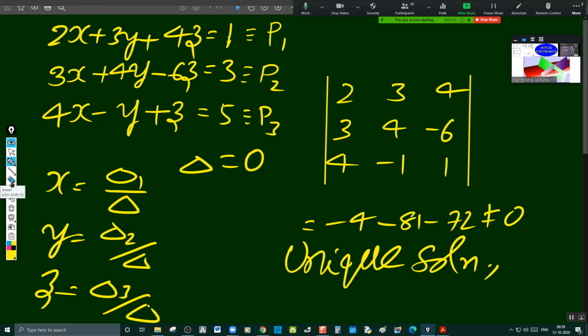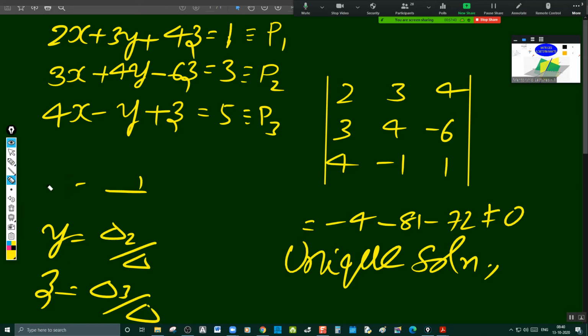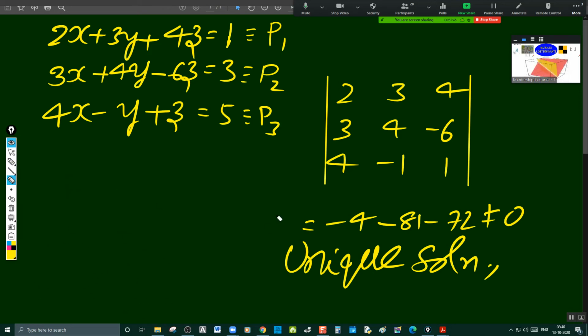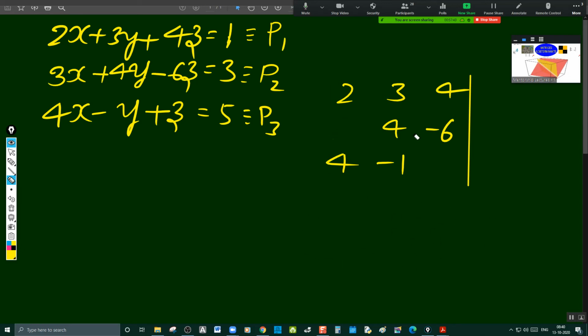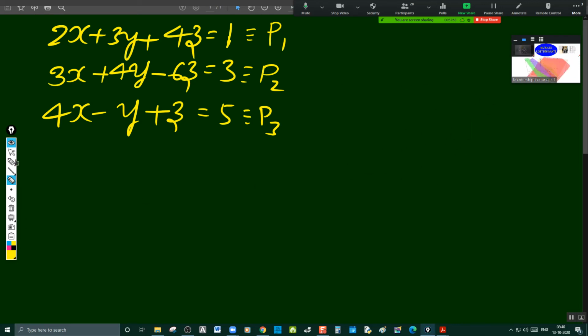But keeping all this aside, with respect to your 10th class knowledge also, you can do this. You did the problems related to system of linear equations in 2 variables. a1x plus b1y plus c1 equal to 0, a2x plus b2y plus c2 equal to 0.